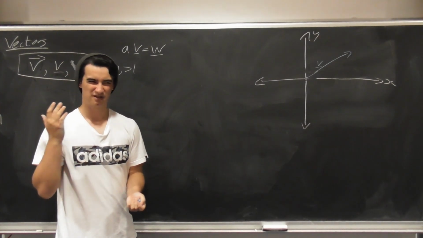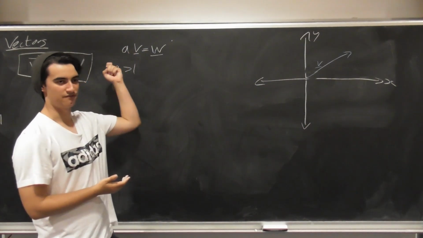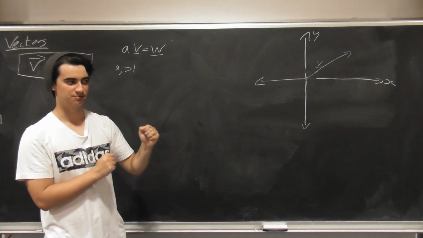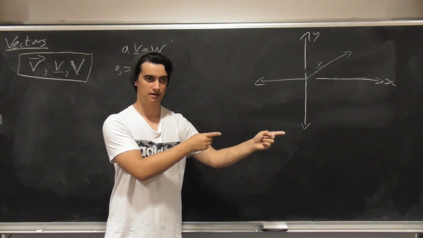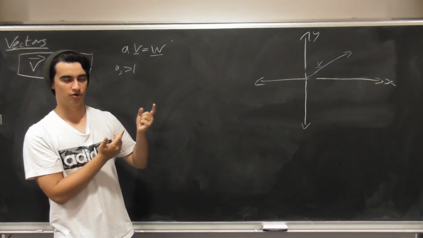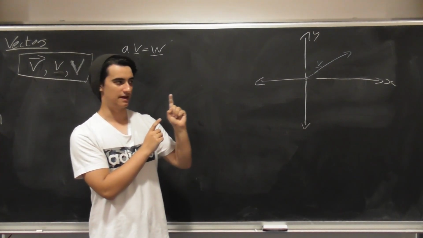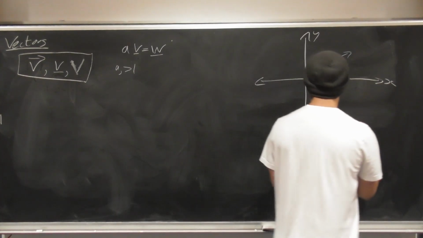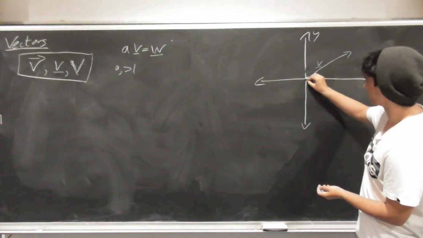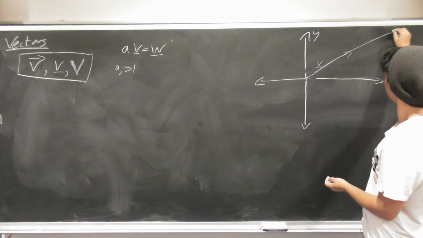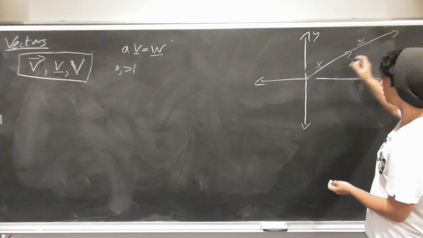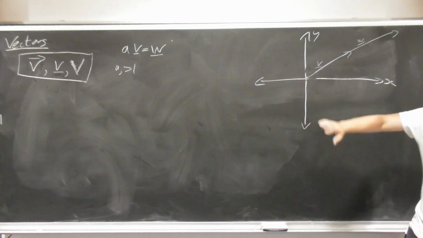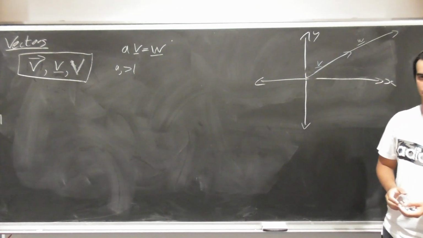There's no reason that doubling a vector should change its direction. If I'm going 5 meters per second in this direction, if I double that vector, why would I move in any direction but the same way? So we can write this new w as this vector stretched along the same direction, but with twice the length, or some a times the length.